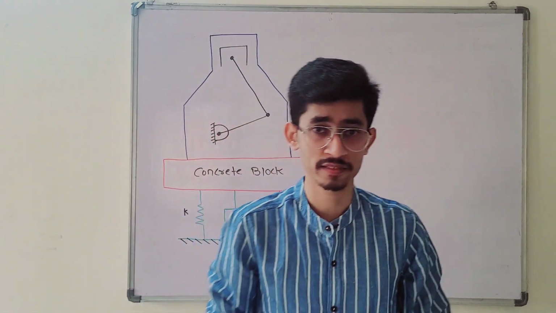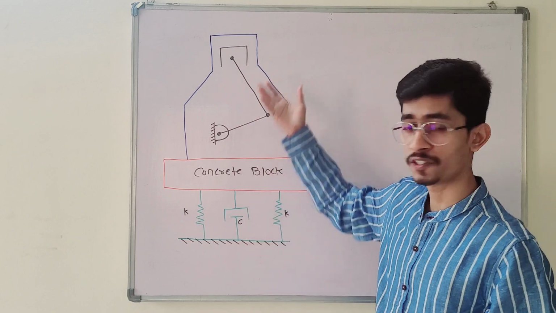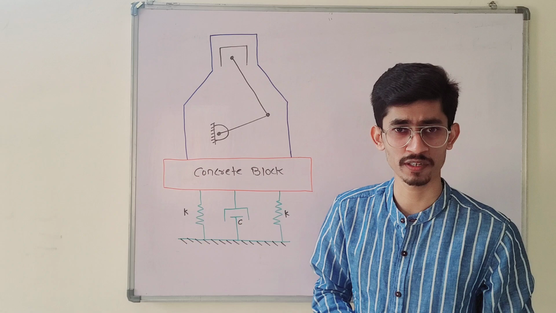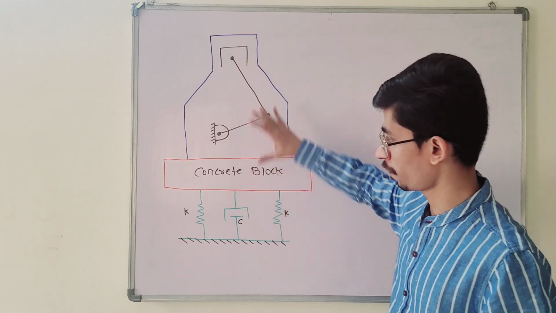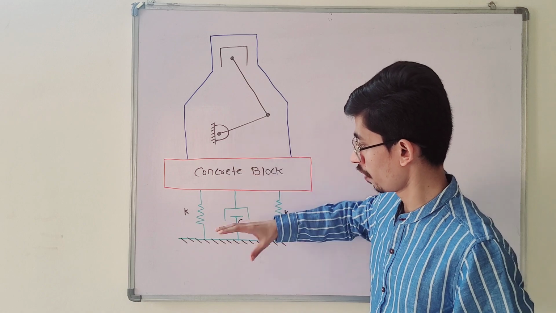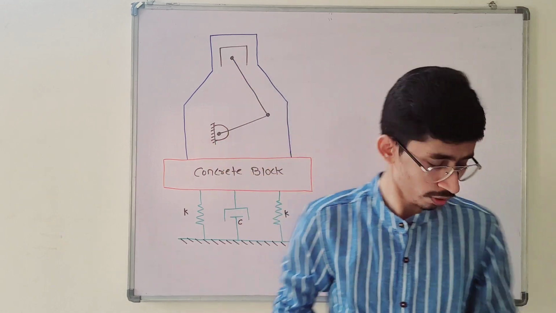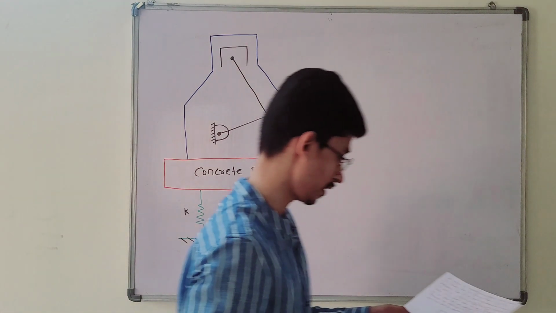As I said earlier, a concrete block is isolated from the floor, and this figure is given. If the figure is not given, we can still solve this question. But for an actual idea, you can see this is your engine that is placed above the ground with the isolation, and the engine is mounted on a concrete block. Whatever data they have provided, we will write that data.